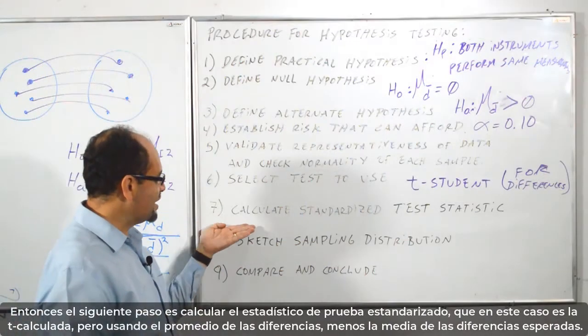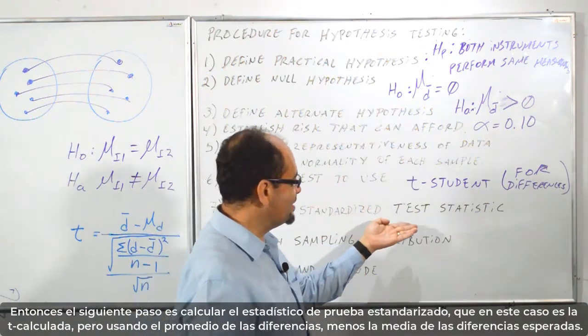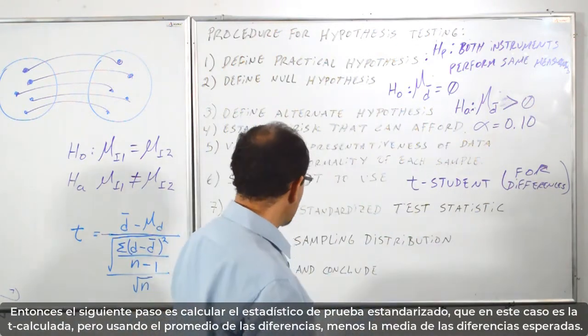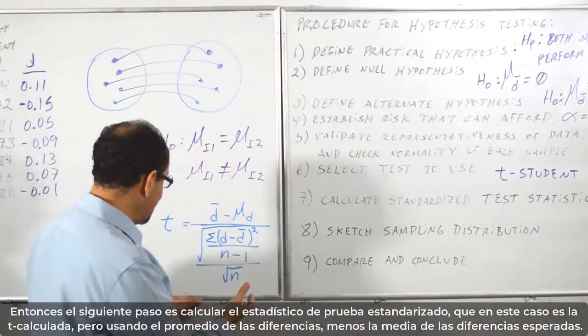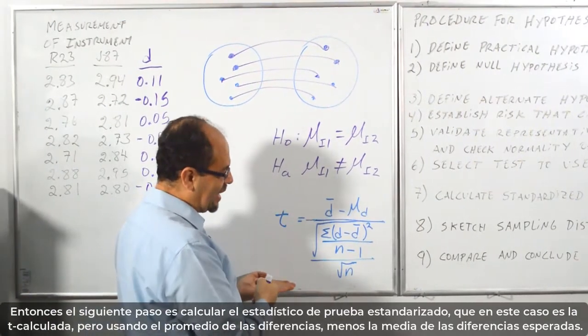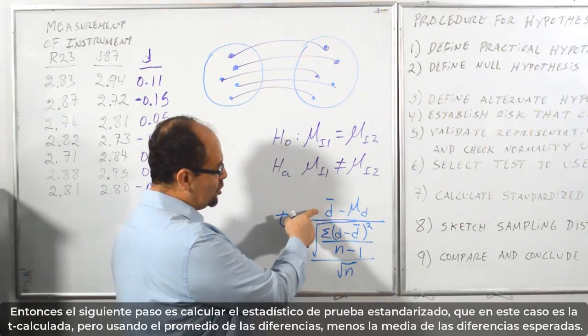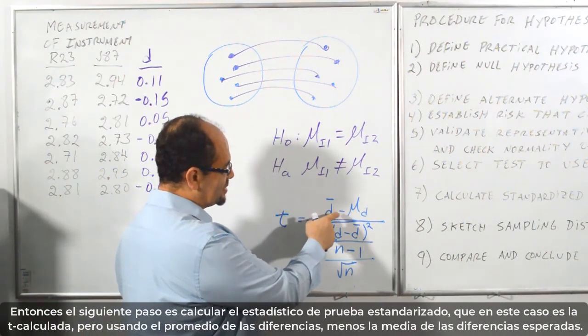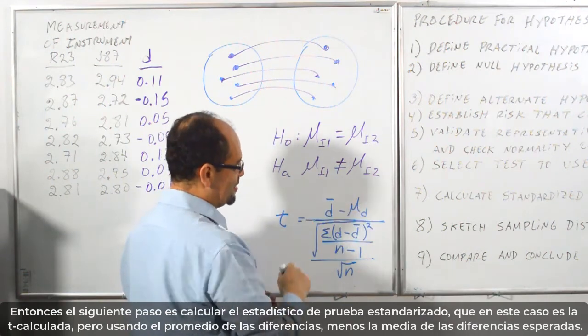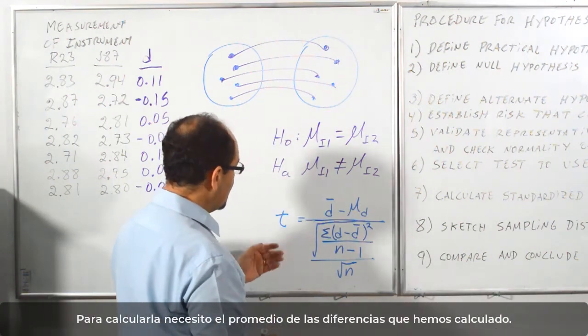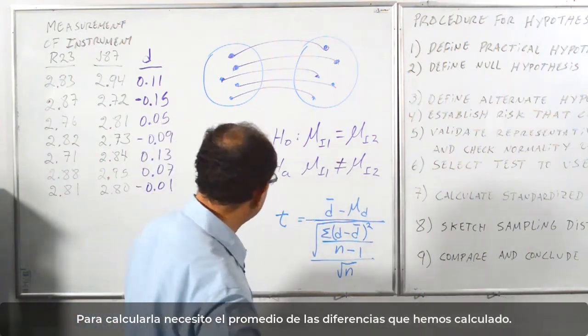Then the next step is to calculate the standardized test statistic, which for this case is the T calculated, using the average of the differences minus the mean of the differences. So let's do the calculations.